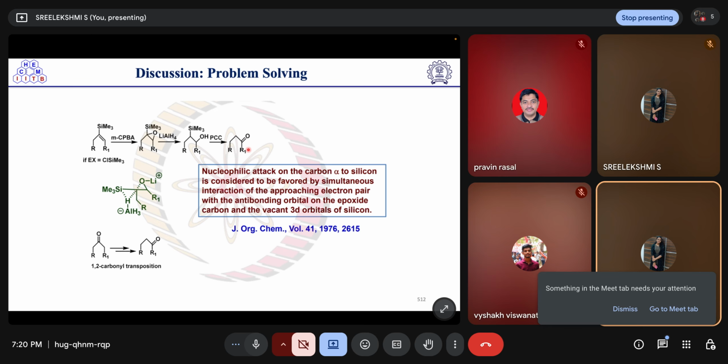So this nucleophilic attack on the carbon alpha to silicon is considered to be favored by simultaneous interaction of the approaching electron pair with the antibonding orbital. So it is shown here.